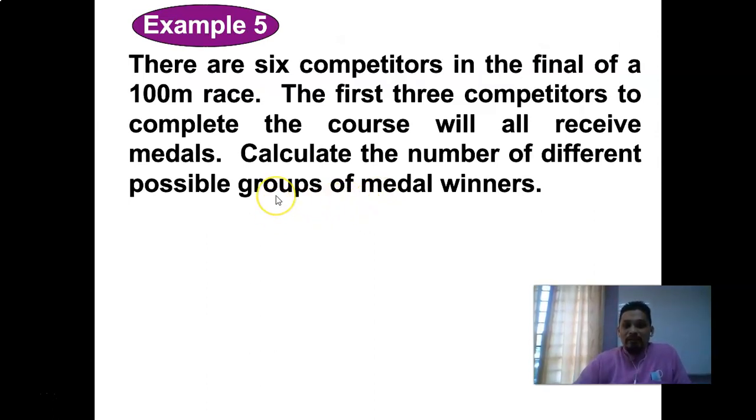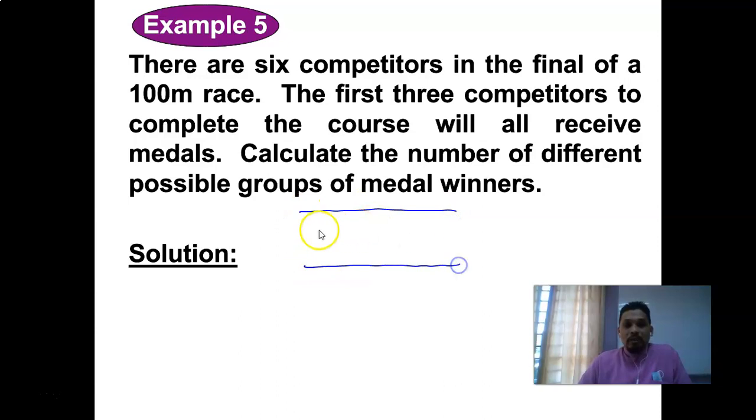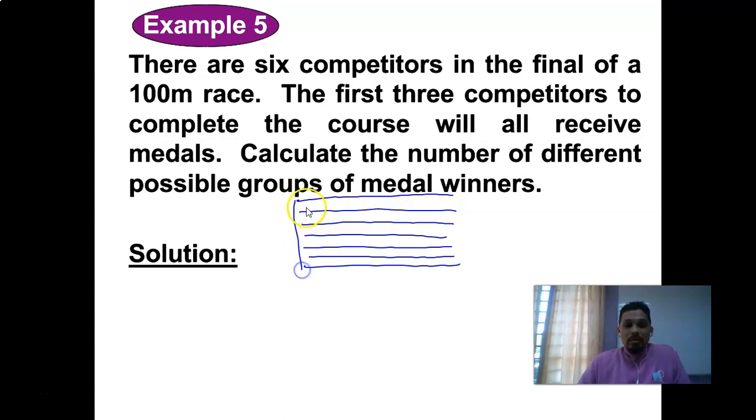Just imagine that in a race of 100 meters, there are 6 lanes, 1, 2, 3, 4, 5, 6, and there are 6 competitors here.